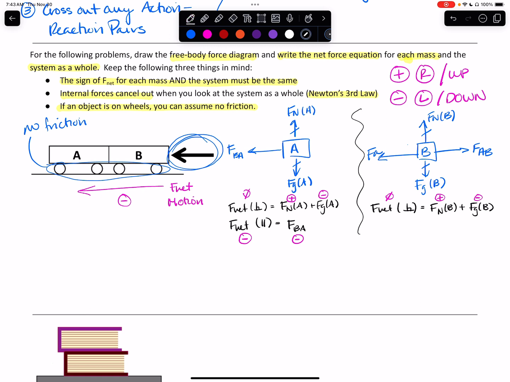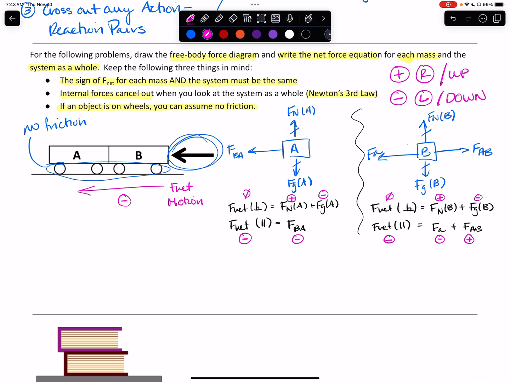We move down to our parallel forces. Here we have two: the applied force, and the force of A on B. We know that our applied force is to the left, which makes it negative. The reaction force is to the right, which makes it positive. And because of motion, we know F net needs to be negative.